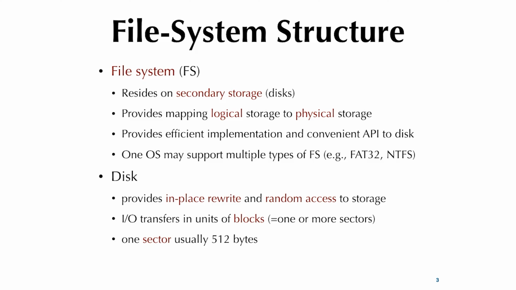And one OS may support multiple file systems. So for example, you may have a Windows machine that uses NTFS, but if you stick in a USB stick, it's probably FAT32. And Mac has HFS or HFS Plus and others. But if you stick in a FAT32 USB stick, it'll understand it.